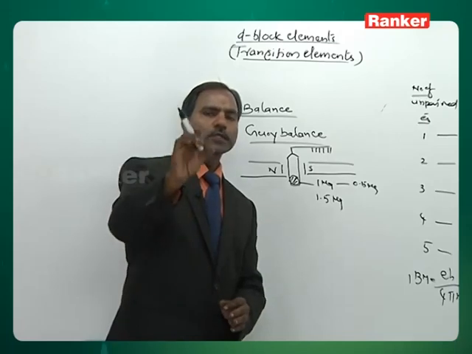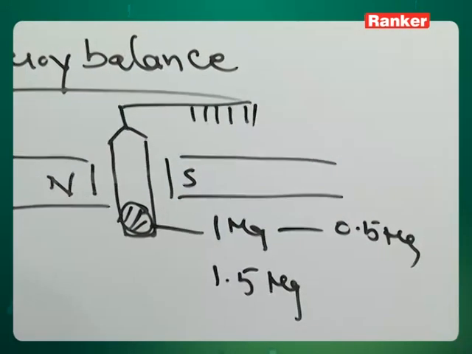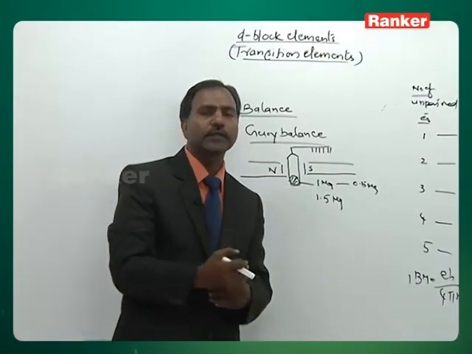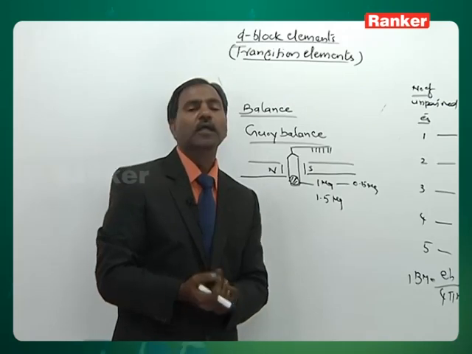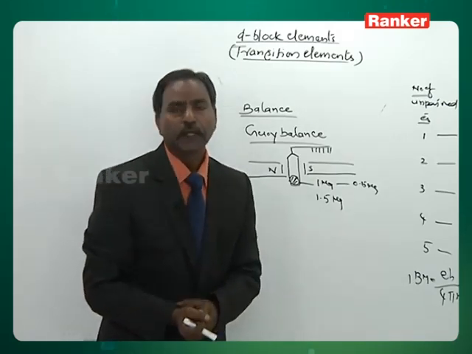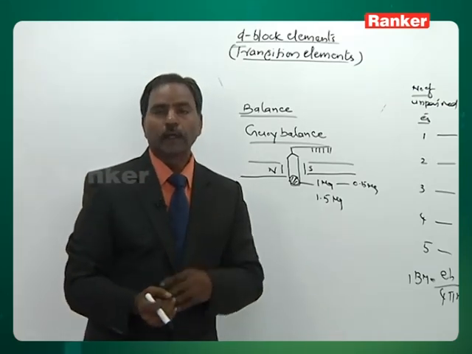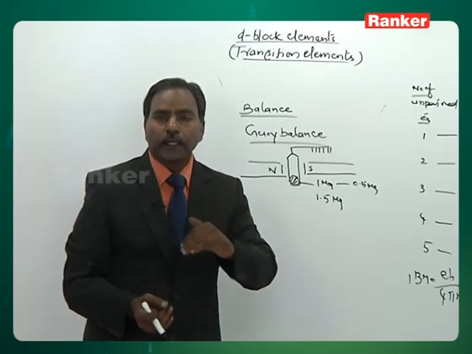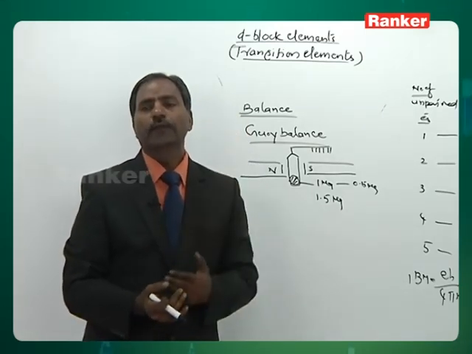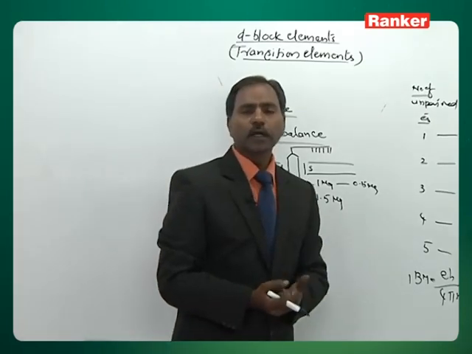Therefore, for any unknown substance you put in the magnetic balance, due to the magnetic field its weight may increase or decrease. Once its weight is increasing, say it's a paramagnetic substance. Once its weight is decreasing, say it's a diamagnetic substance. Based on the increase in the weight, you can calculate the number of unpaired electrons in that substance.